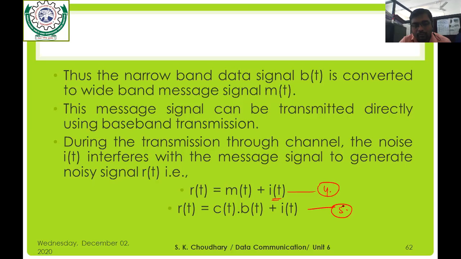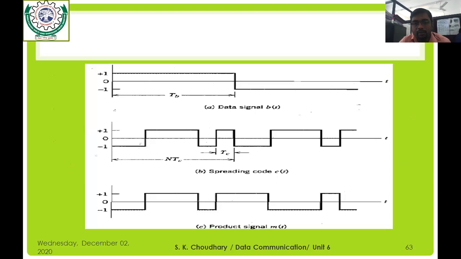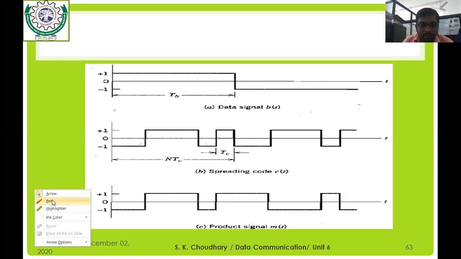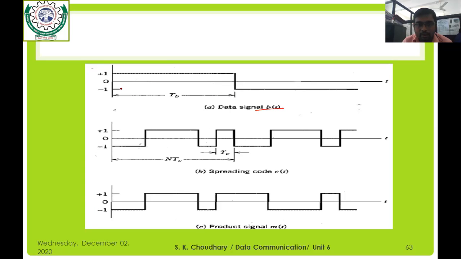Now this received signal, you can see here how the pattern of the signal is shown through this graph. So this is your data signal b(t), that is an NRZ signal. Okay, and this is a polar NRZ signal: for the binary 1, when b_k is equal to 1 it is +1, and when b_k is equal to 0 it is a -1 volt.